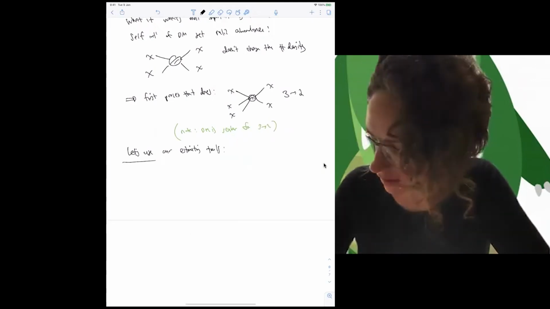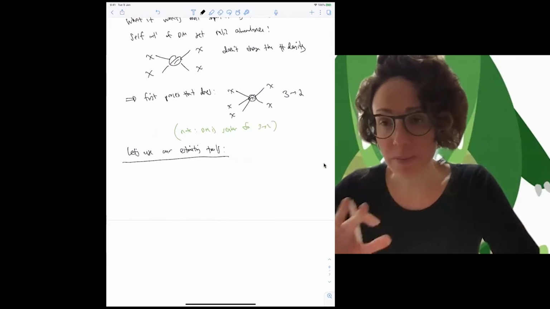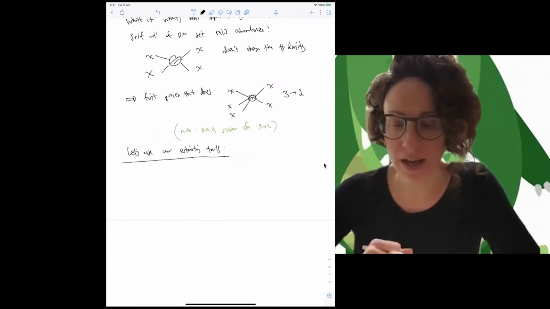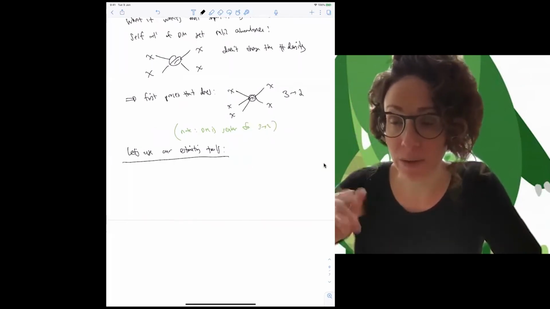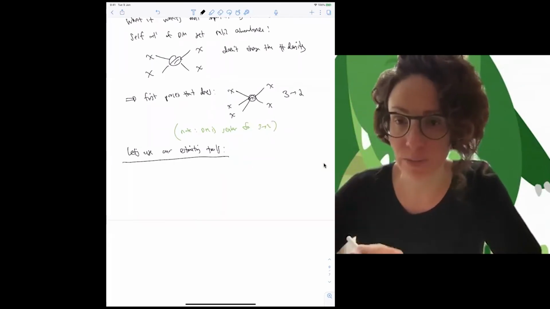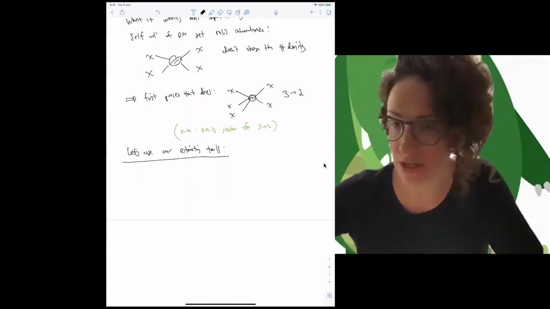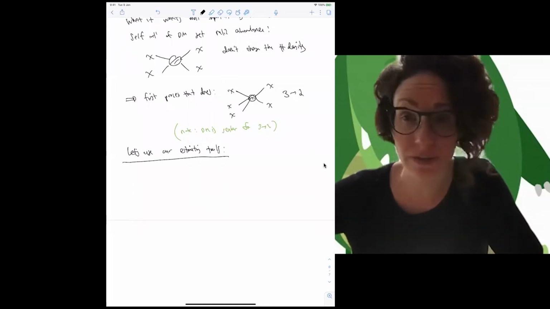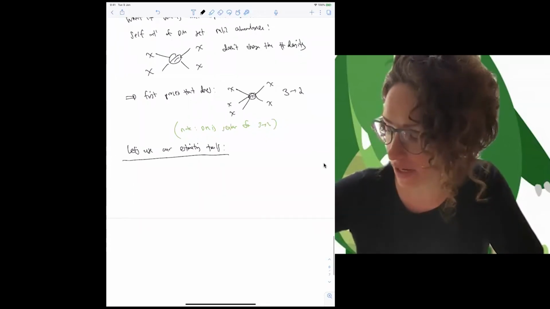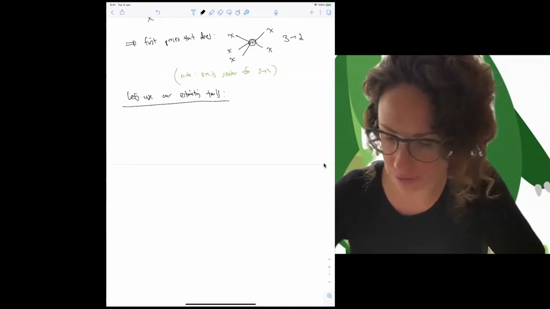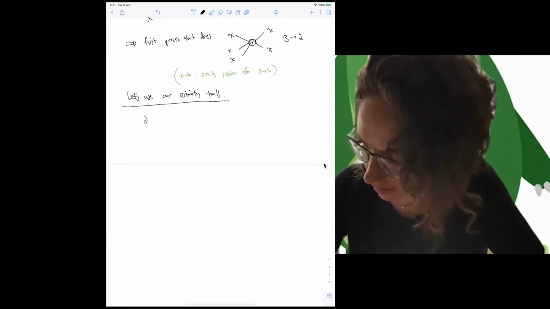Okay. Now, we're going to do the back of the envelope estimate for this. I'm going to write down for you also what the Boltzmann equation looks like, and we're going to understand in a few minutes how I've reached this Boltzmann equation. We don't need to write down the Boltzmann equation in order to do our back of the envelope estimate, but just for completeness, let me write down the Boltzmann equation.